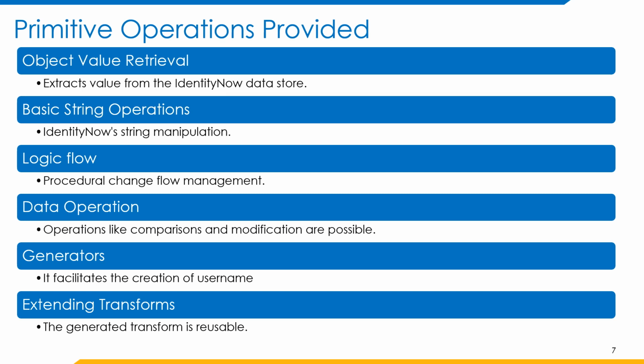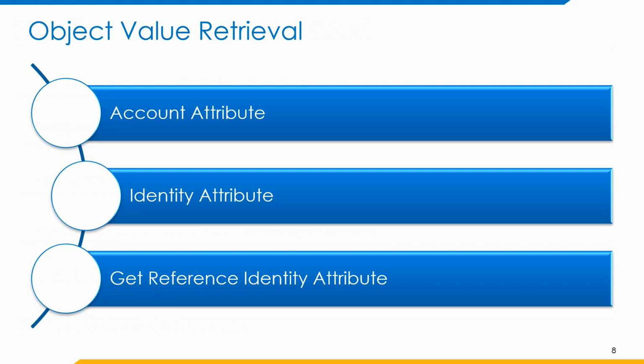In the next slide, we will understand the object value retrieval transform. In object value retrieval, there are three transforms. Account attribute: this transform is used to get or return a specific attribute from a particular source of an identity. Identity attribute: it is used to get the value of a user's identity attribute.